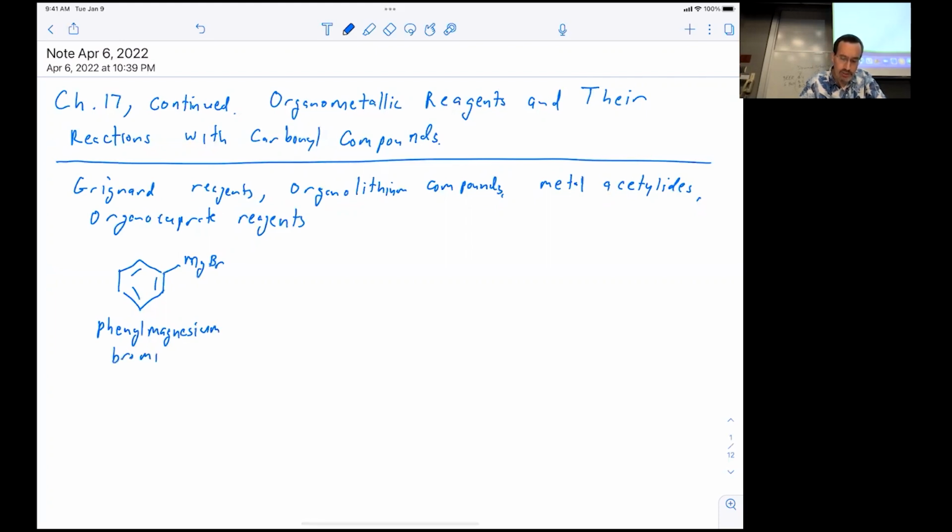I'll show you how it's generated in just a second. Take an example of an organolithium reagent, one that certainly Mai has used, and I'm sure Jackson and Matt have used as well. We'll take a look at what's commonly referred to as butyl lithium, or maybe more specifically n-butyl lithium.